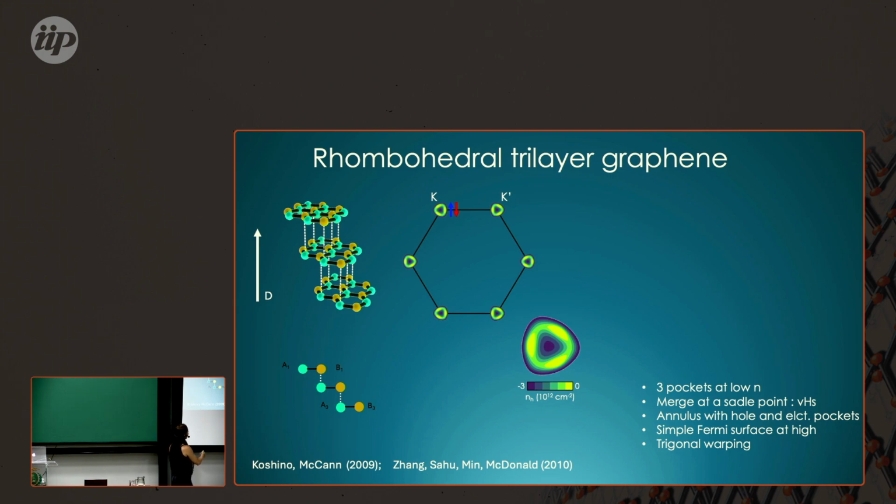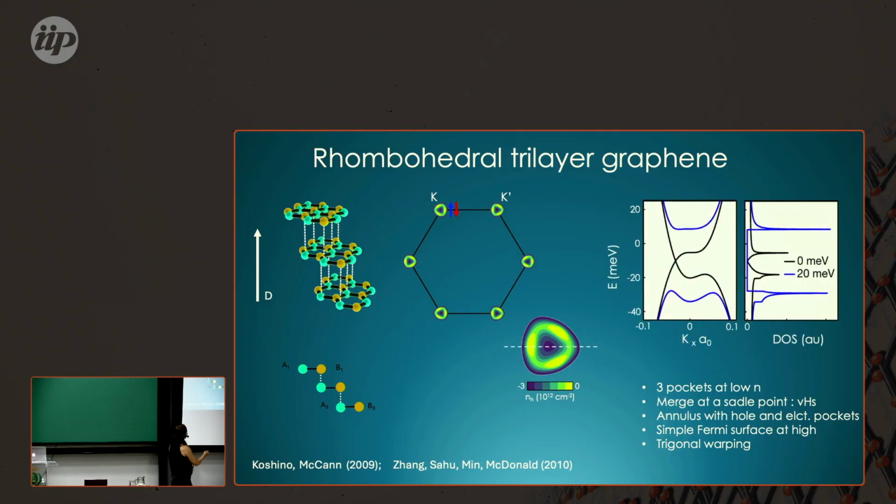If we take a cut through one of the C3 symmetric axes, we get this band structure, where we have a touching point without the application of a displacement field. When we apply a displacement field, it opens a gap which becomes larger and larger as we increase the displacement field.